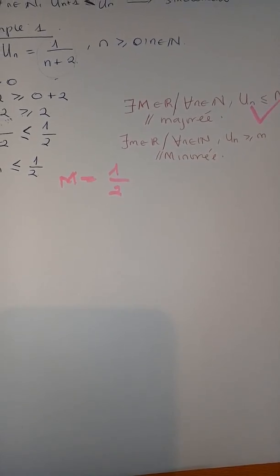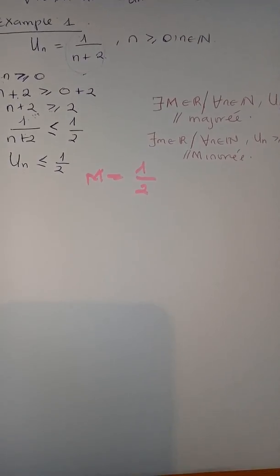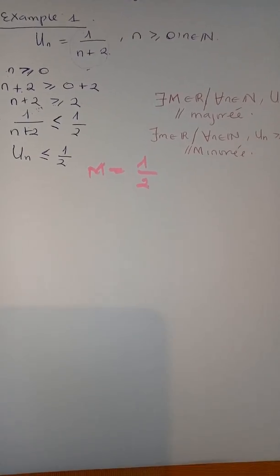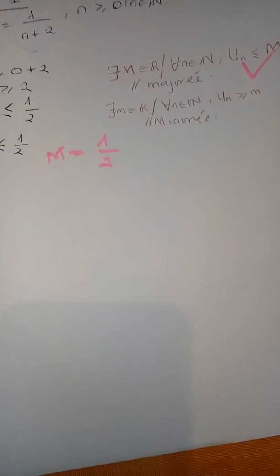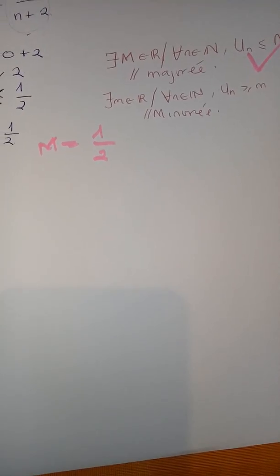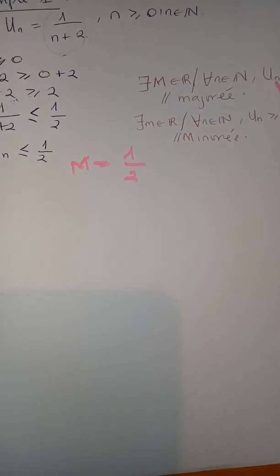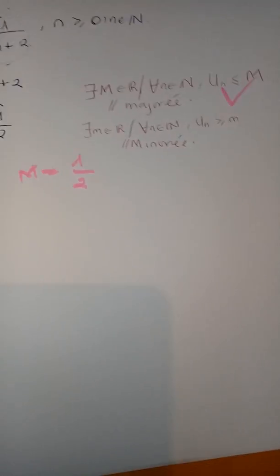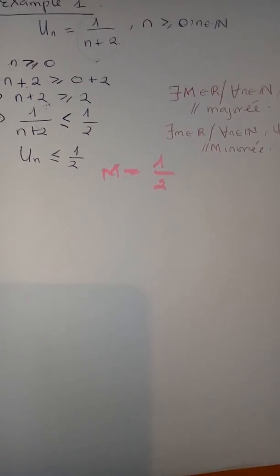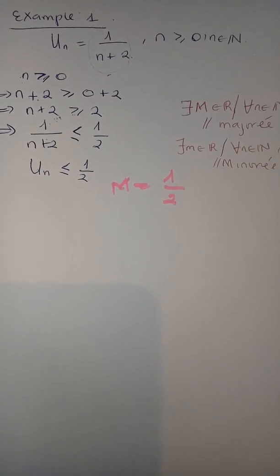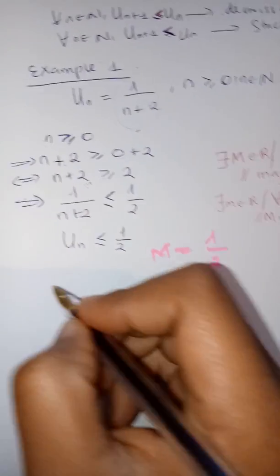Because if I don't know the definition, I'll get to this point and I'm like, okay, what's next? What am I supposed to do next? But because the definition is there, when I have a suite in this way, I can prove it like this. And when I arrive at this point, I found my grand M, in this case un demi. So yes, this suite is majorée.